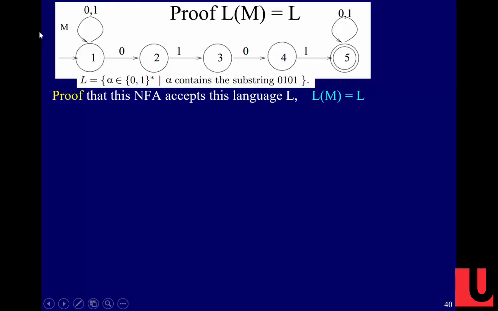So here we have a machine. This is an NFA, a non-deterministic finite automata. Why? Well, to be a DFA, what do you need? You need that for every state, for every character, there's exactly one option.